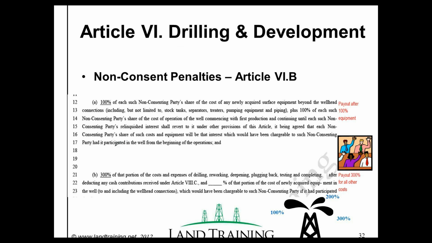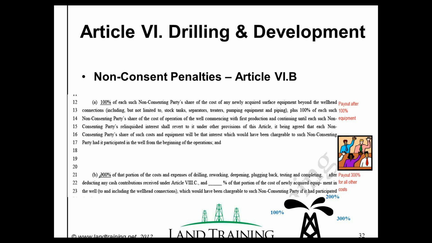And we're not only going to make her wait till the well pays out one time, that means all of the costs of the well are reimbursed. We're going to put a penalty in here of 300%. Now, I've seen this anywhere from 300 to 500%. And what it says is, before Karina gets any of the profits of this well, that well has to pay out one time. We've recouped all our monies from the well.